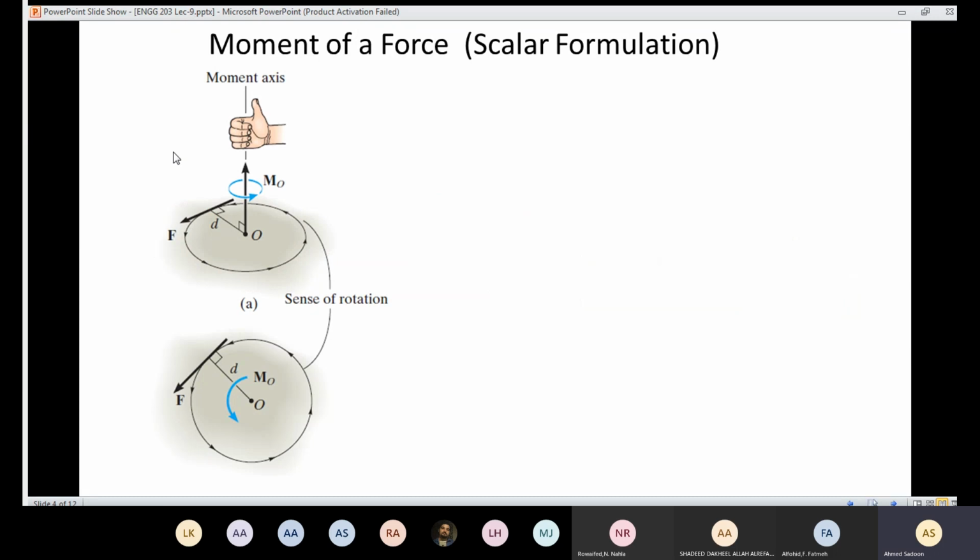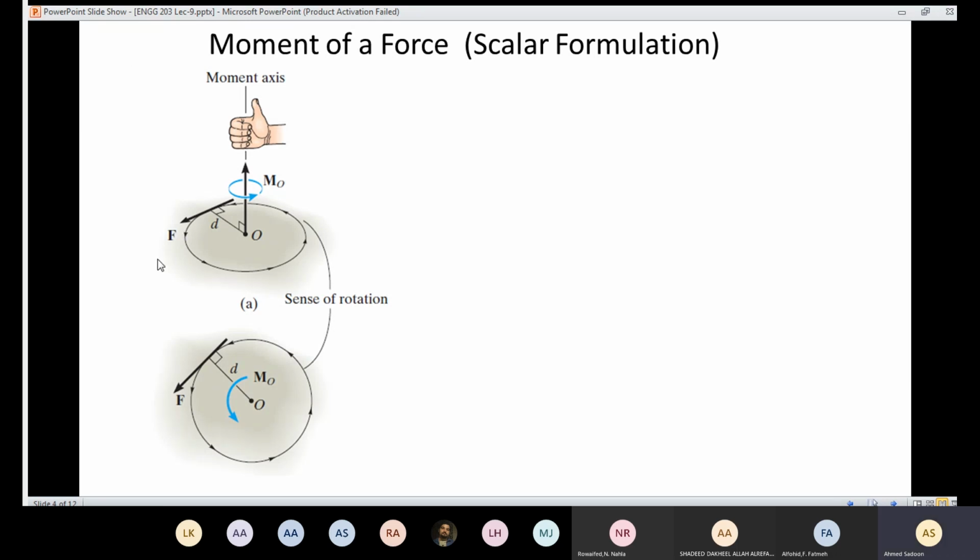So assume that I have a body here and I apply a force, and that distance is the perpendicular distance. As a result, I'm going to have a moment about that axis, which means that I'm going to have rotation about that axis. And in order to know the direction of the moment and the axis of the moment, I'm going to apply the right-hand rule.